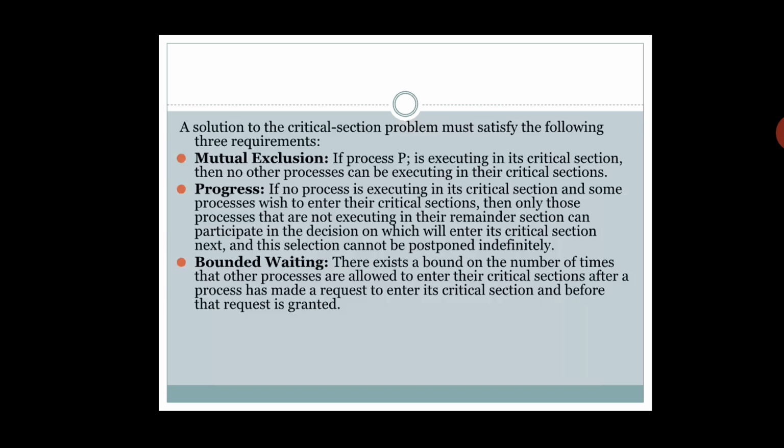Bounded waiting means that, as I said, if one process is in its critical section, no other process can access that critical section. The rest have to wait to get into the critical section. That is the overall idea whenever we talk about critical sections.